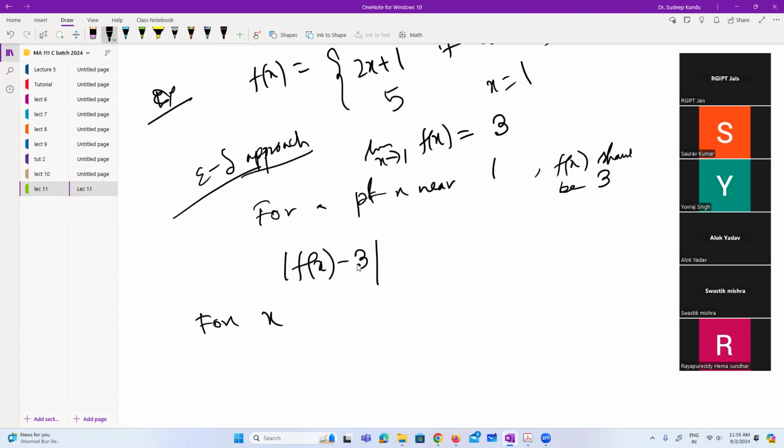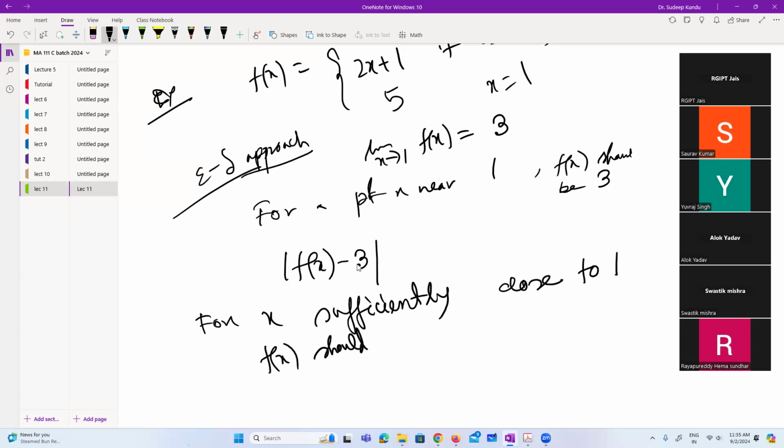For x sufficiently close to 1, f of x should be arbitrarily close to 3. That you have to show, right? For x sufficiently close to 1, you have to show that f of x is arbitrarily close to 3.